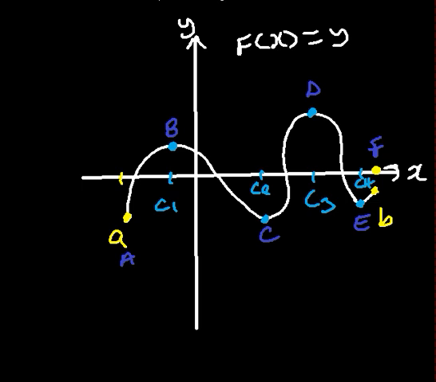And what is the principle behind Fermat's theorem? There is something you have to understand about this. If you look at those points, those points contain horizontal tangent lines. If you look at the point B, we can come up with the horizontal tangent line at the point B. It should be given as this.